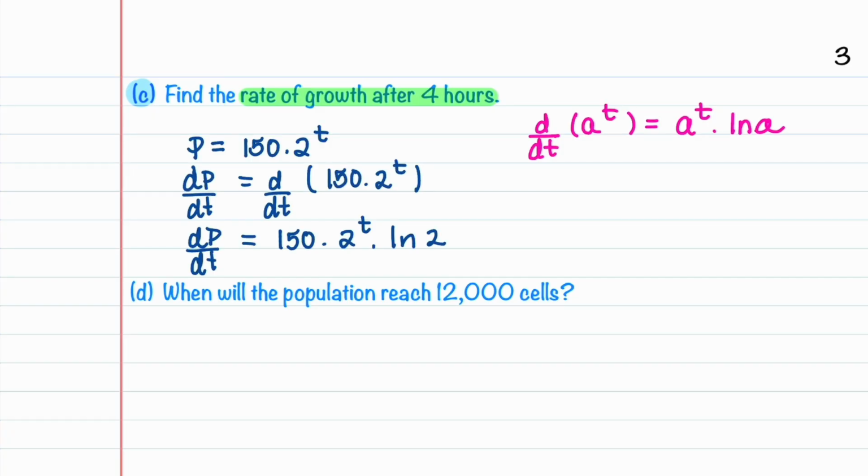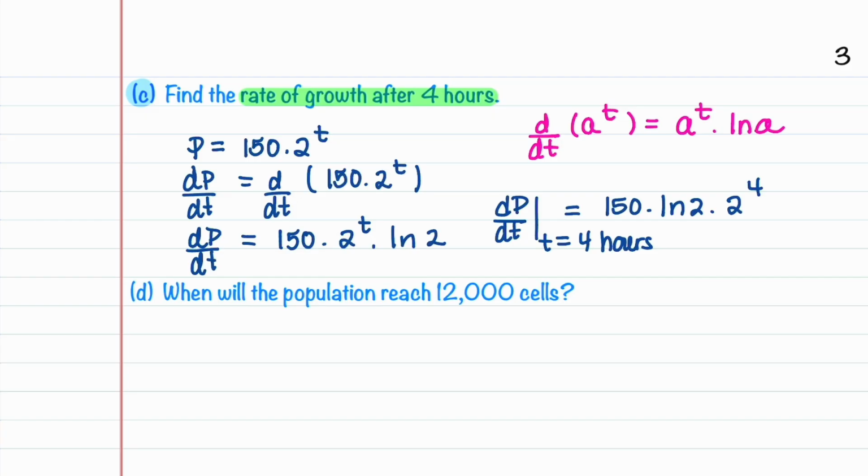Now we want to find dP dt when T is 4 hours. So dP dt when T is 4 hours is going to be 150 times natural log 2 times 2 raised to the 4th power.